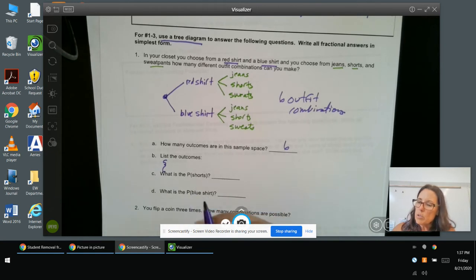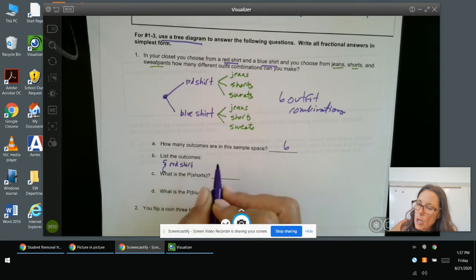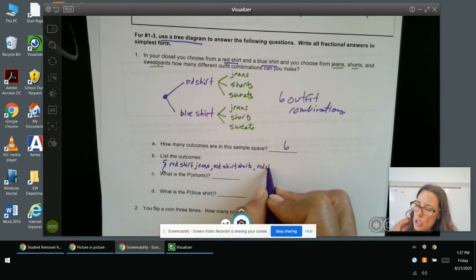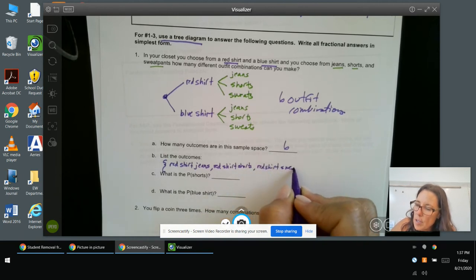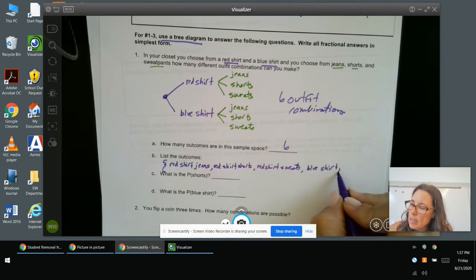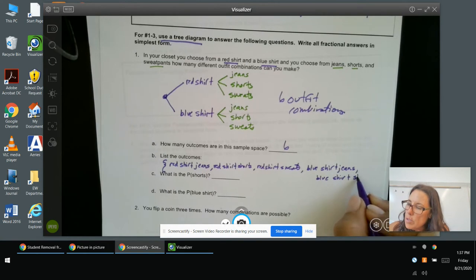Okay, so we're going to do a red shirt, jeans, red shirt, shorts, red shirt, sweats, blue shirt, jeans, blue shirt, I'm running out of space, so I just came down here, blue shirt, shorts, and blue shirt, sweats.